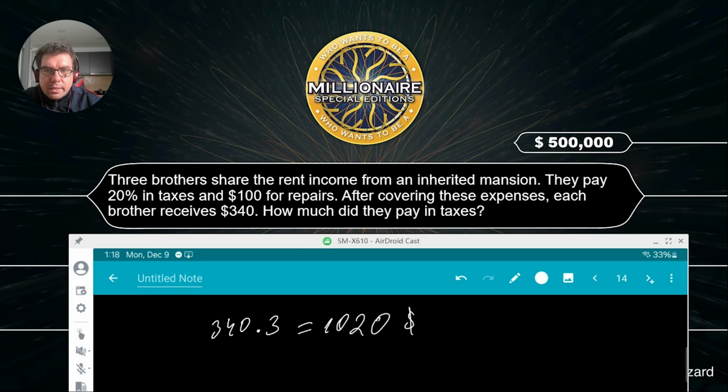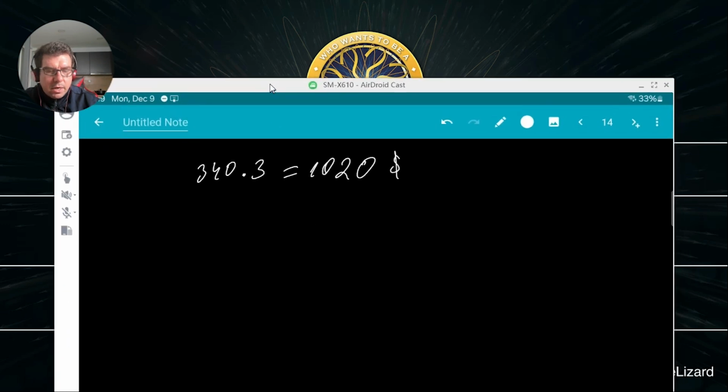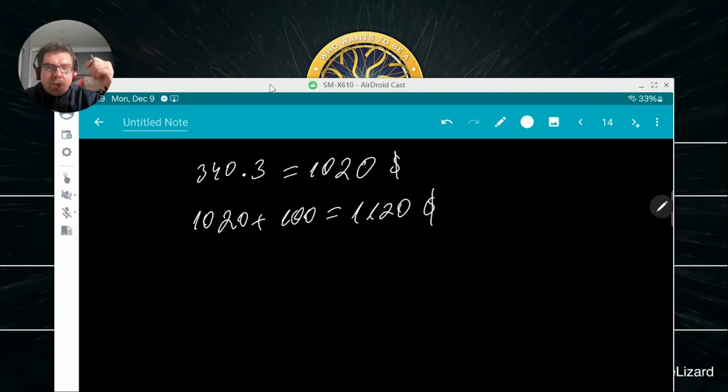Now they spend $100 for repairs. Okay, so we add the $100, we get 1,020 plus 100, which is $1,120, which is the income for the brothers plus the money for repairs.